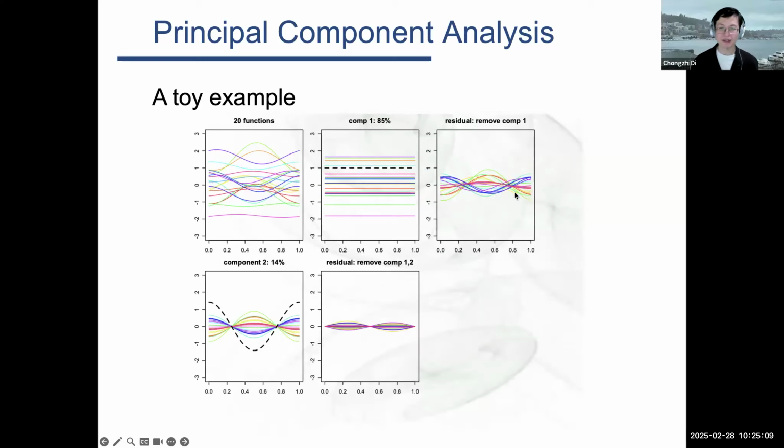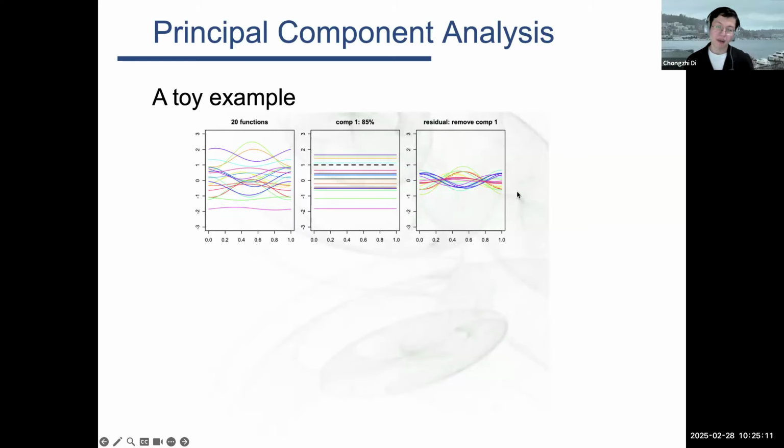At this point, if you want to see what additional types of variation there are in this figure, you will probably notice they generally have sine or cosine types of shapes. Some of them start high, become low, and become high again.